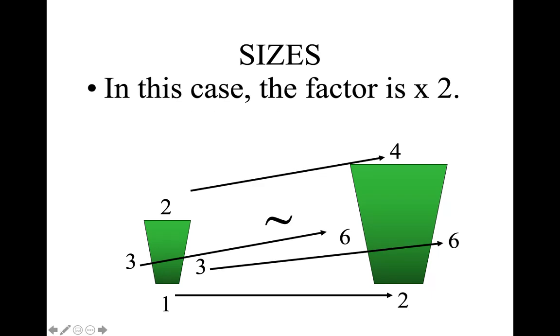In this case, scale factor is 2. 2 times 2 is 4, 3 times 3 is 6, 3 times 3 is 6, and 3 times 2 is 6, 3 times 2 is 6, and 1 times 2 is 2.